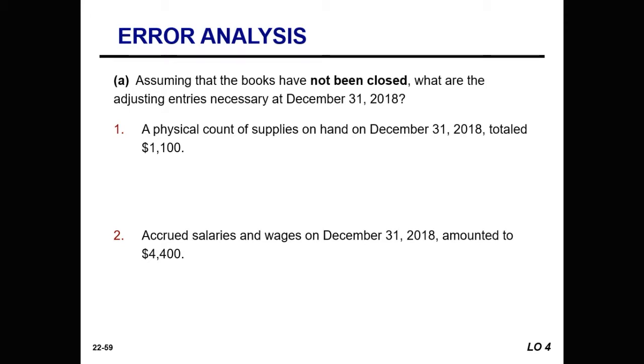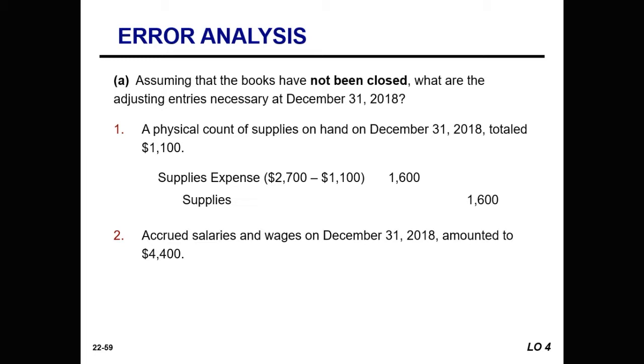So assuming that the books have not been closed, some of the adjusting entries would be for supplies. A physical count of supplies on hand totaled 1,100. So we would have a supplies expense of 1,600 against supplies of 1,600.